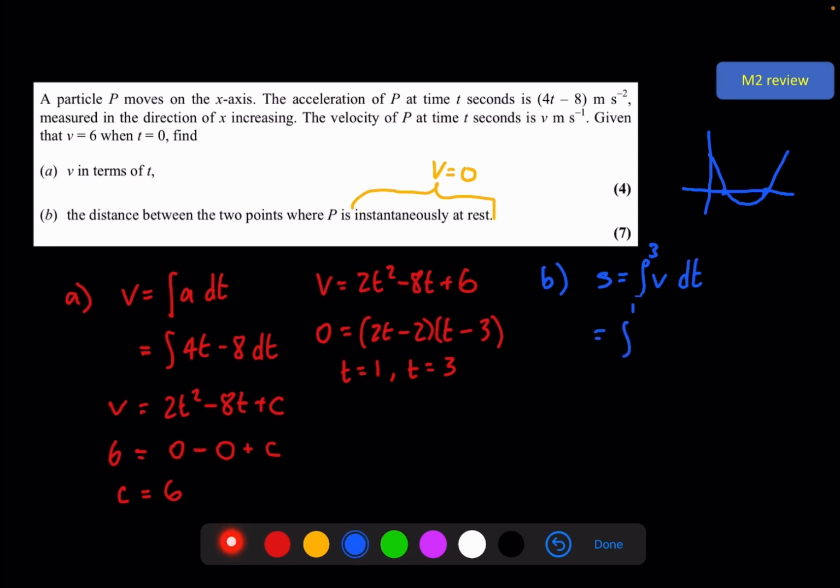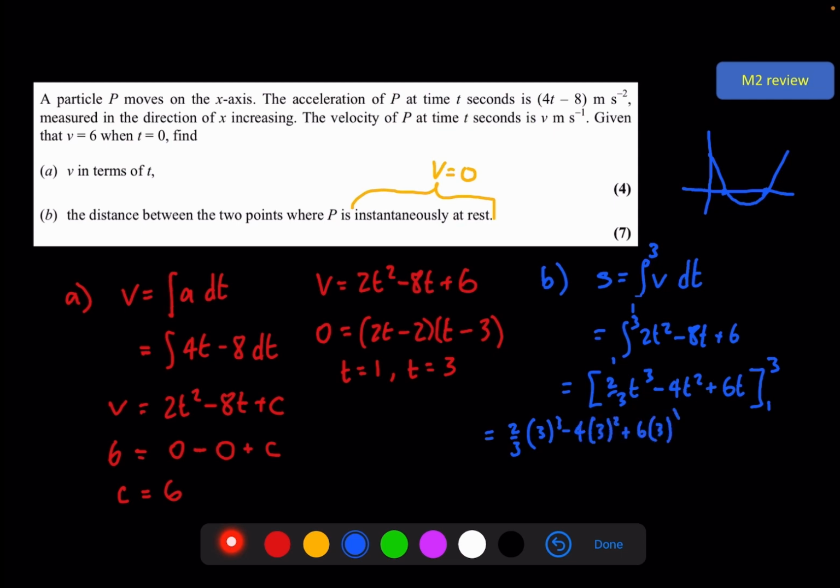The integral of the v function, 2t squared minus 8t plus 6, from 1 to 3, is 2/3 t cubed minus 4t squared plus 6t. We don't need a constant because we're putting in limits 1 to 3. And then the calculation: 2/3 times 3 cubed minus 4 times 3 squared plus 6 times 3, all of that minus 2/3 minus 4 plus 6 when t is equal to 1.